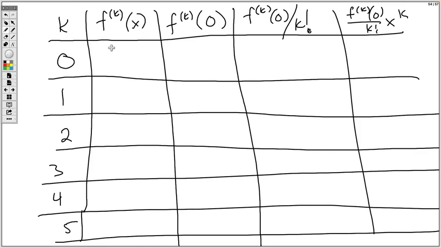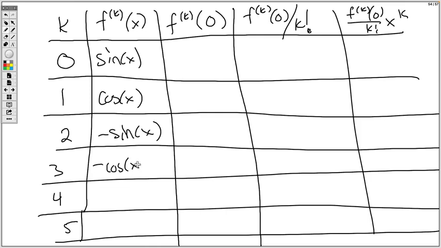All right, so we start off with the function. Remember, with this notation, the 0th derivative is the function where I've taken no derivative. So it's just the function. So it's sine of x. And now, as is our custom, we start taking derivatives of sine. Derivative of sine is cosine. Derivative of cosine is minus sine, minus cosine, sine, cosine.